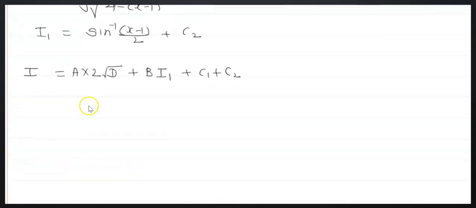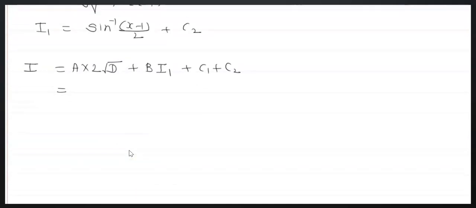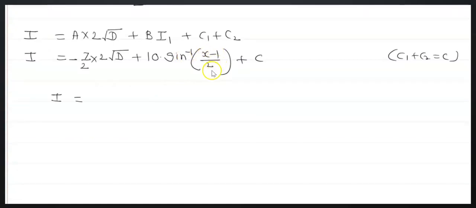I is equal to a into 2 root of d plus b I1 plus c1 plus c2. What about the c1 plus c2? As you can see, here we have substituted the value of I1, that is sine inverse of x minus 1 upon 2. c1 plus c2 is c. The 2 gets cancelled. I is equal to minus 7 root d plus 10 sine inverse.